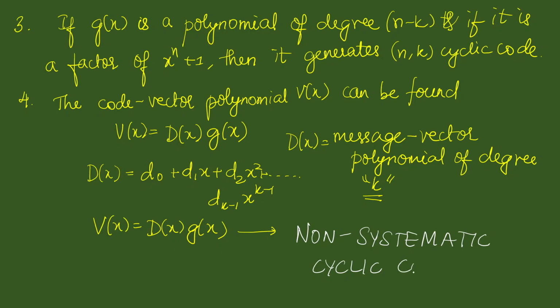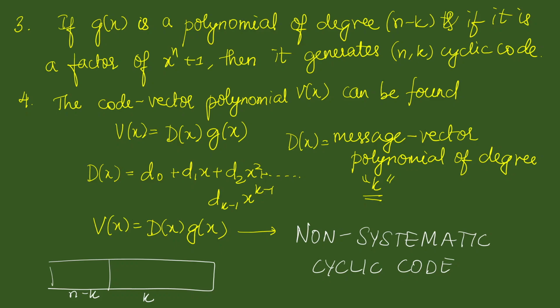So what does non-systematic mean? As we know, in the linear block code we have two parts: one is the parity bits part, the other is the message bits part. That means we divide this n bit block into two sets of information. One will be of size k, the other of size n minus k. One part would be message, the other part would be parity.